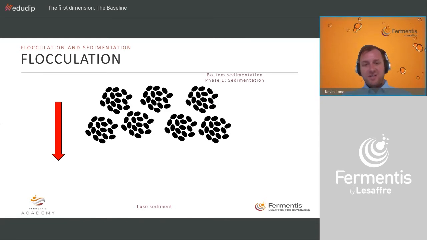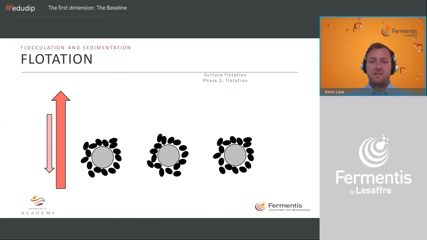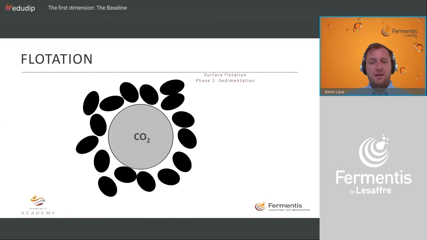Unfortunately, this is a PDF version of this presentation, so I don't have the movement of these things, but here you can see flocculation happening with groups of cells, those then sedimenting to the bottom of the tank. But there is also some interaction with dissolved CO2 in the media. So where typically you'd expect the flocks of yeast to sediment because they're larger masses, you'd expect them to sediment out of the solution fast.